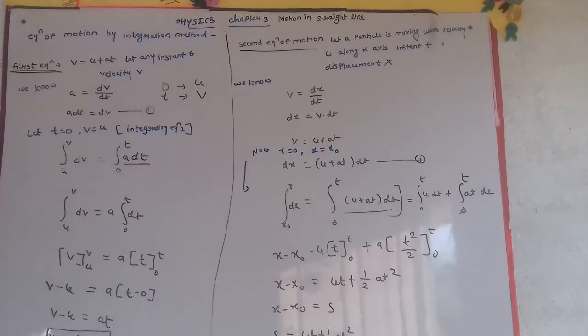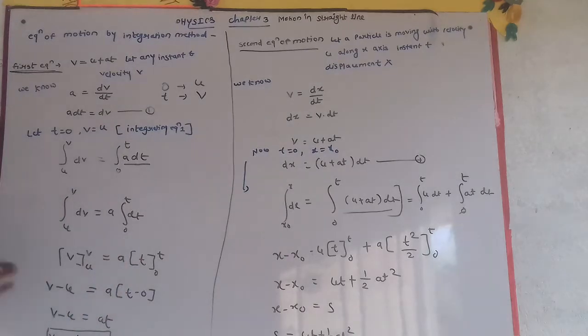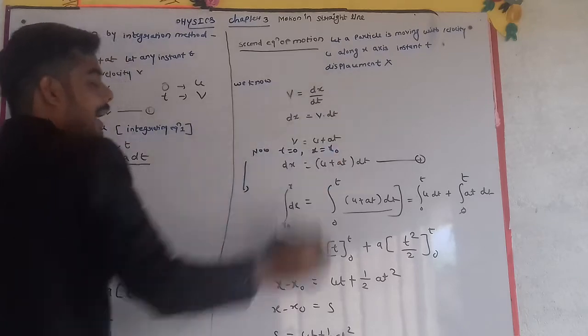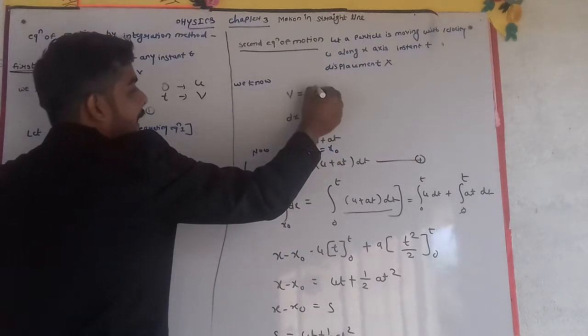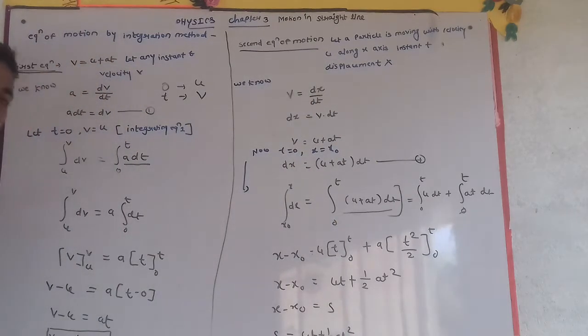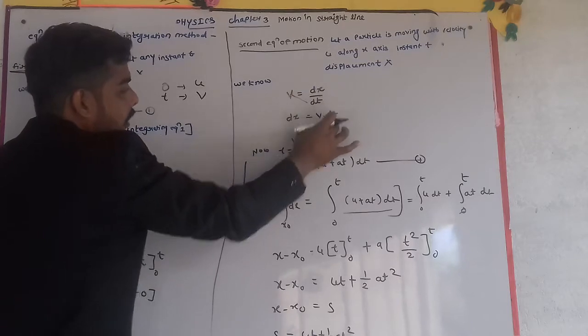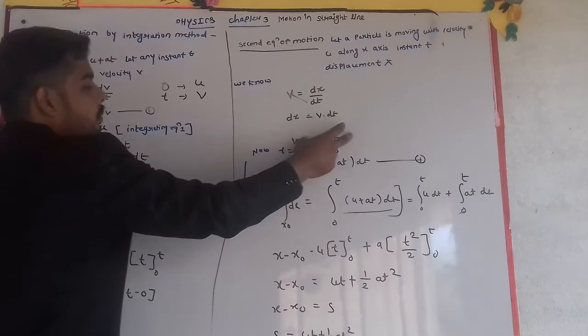Let at any instant t the particle have initial velocity u and displacement x. Velocity equals the time rate of change of displacement, so v equal to dx upon dt. Cross multiplying, dx equal to v dt. By the first equation of motion, v equal to u plus at.